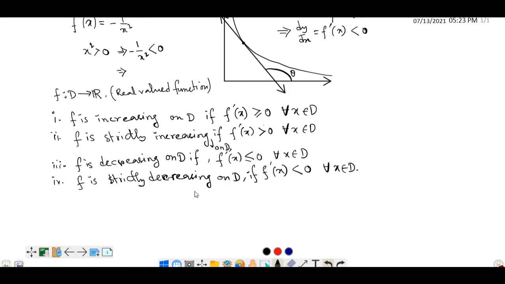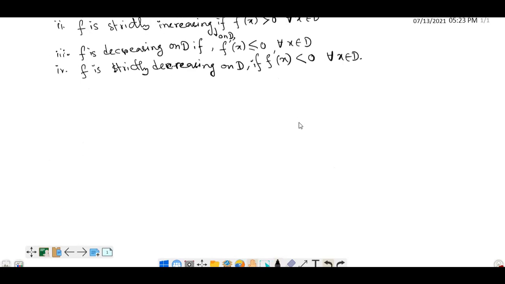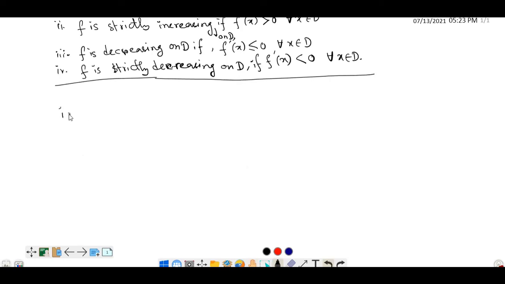So in the project, first of all, we will give an introduction to this concept of increasing and decreasing function. You can make a Google search for this.